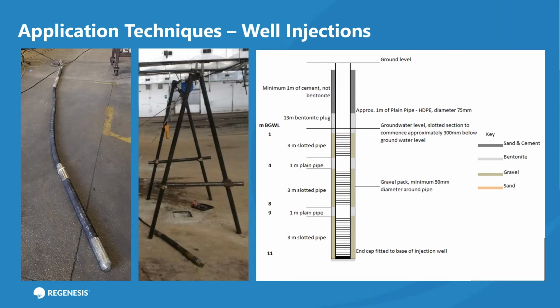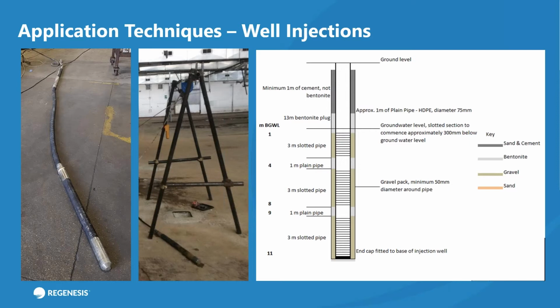So there's a number of ways you can do this. We probably more often than not, rather than the picture that you can see here, would favor nested well installations if that's possible, where you have maybe 3 wells with 3 meters of slots installed at different levels to sort of mitigate against this concern of all the reagents flying down the single fracture.